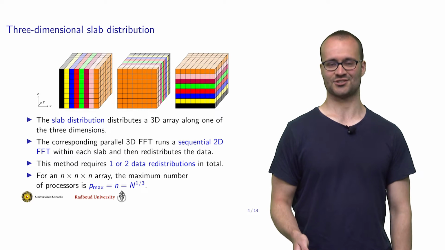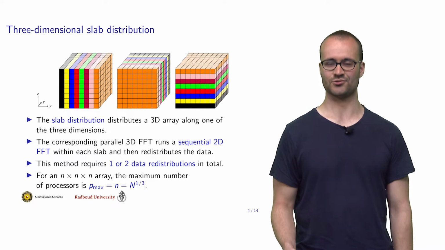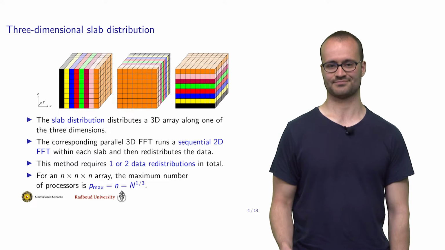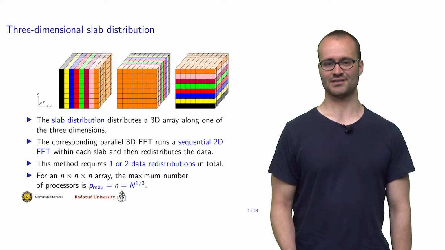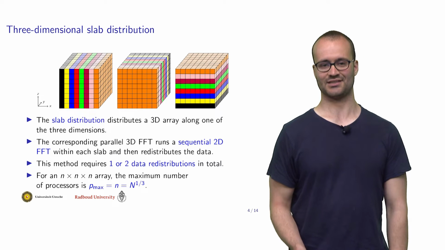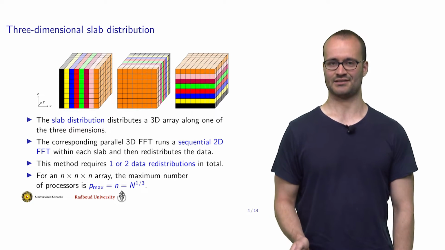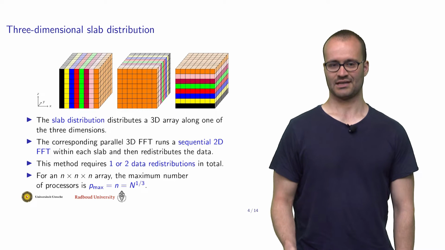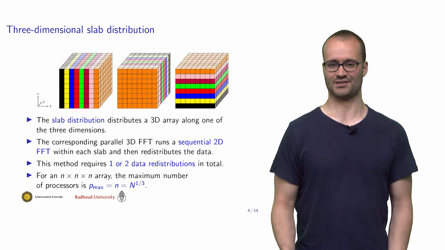The colors represent the elements of our cube that are local to one processor. If we want to do a 3-dimensional FFT of this, and we pick, say, the first cube, then you can see that in the y direction and the z direction, the FFTs are local. However, in the x direction, they are not, so we cannot straightforwardly compute this.